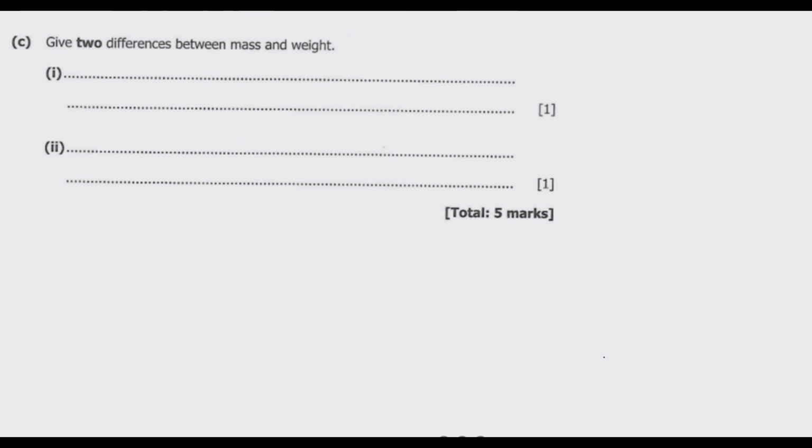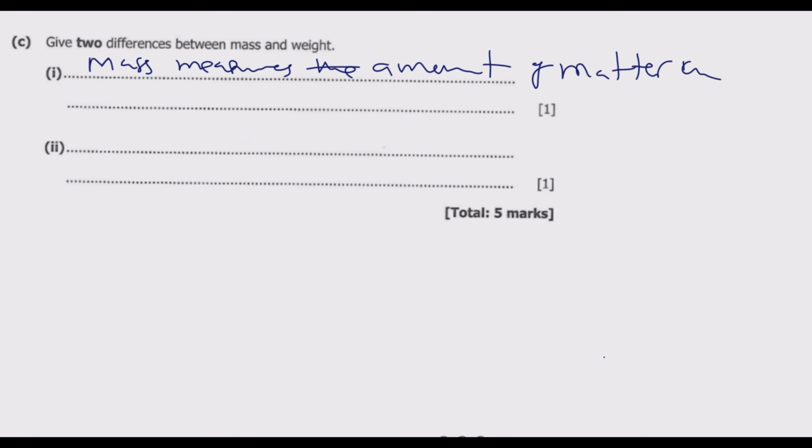Give two differences between mass and weight. What we notice here, like we said on question A, is that mass measures the amount of matter in an object.